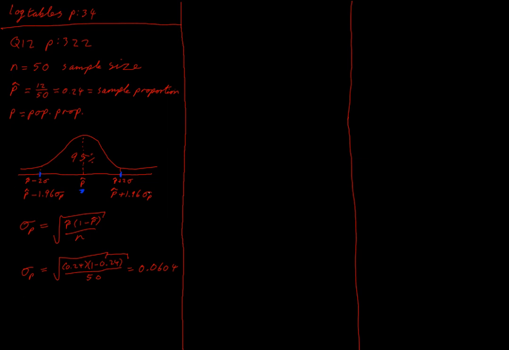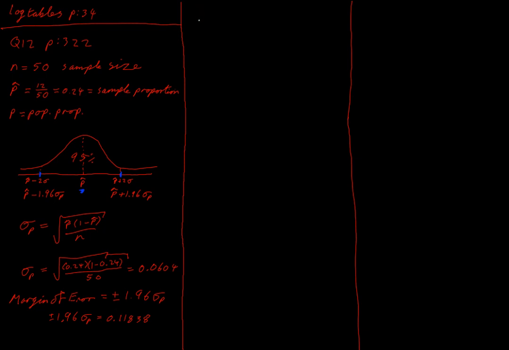We want plus or minus 1.96 times this, and we call that the margin of error. So we have plus or minus 1.96 times our sigma p gives us 0.11838.